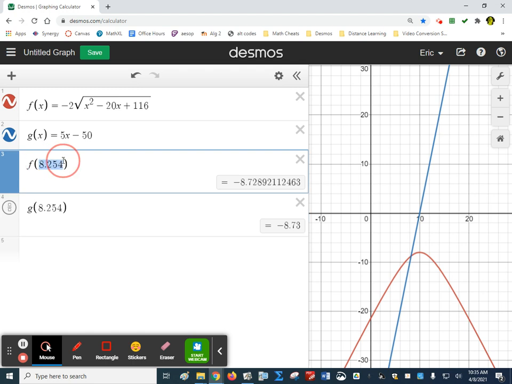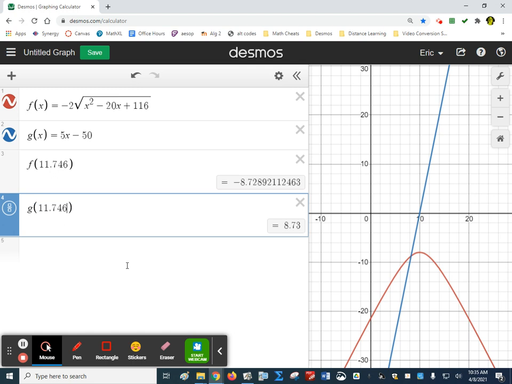Well, if we try 11.746, on both sides, look what happens. I get one negative and one positive, so that's extraneous. So we can toss that one, which we knew we could anyway, and we got our answer, 8.73 miles. Good stuff, huh?